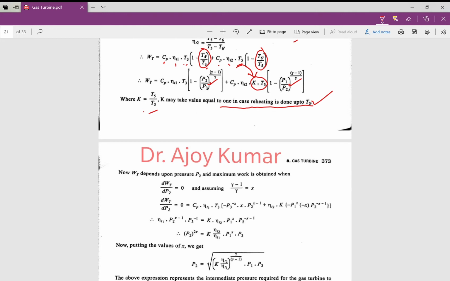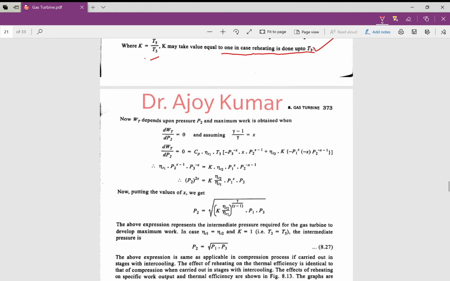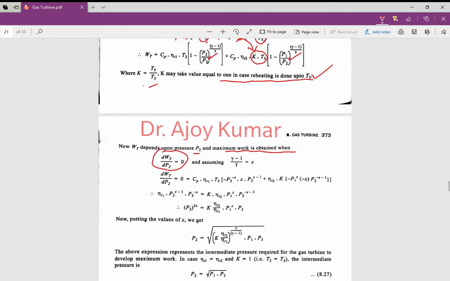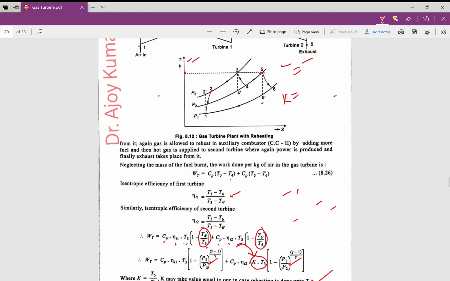Right. Now students, this turbine work depends on pressure P2, and maximum work is obtained when, because this pressure P2 is variable. Intermediate pressure, look at the diagram now, the TS diagram, we are getting 3 pressure values, P1, P2 and P3.